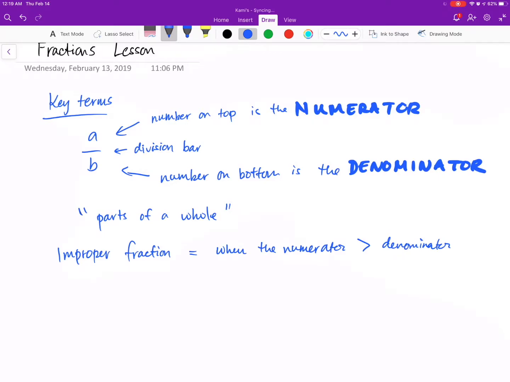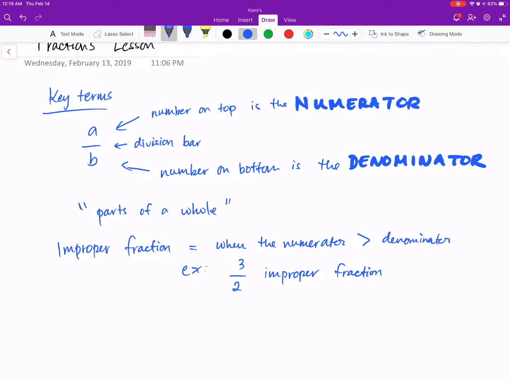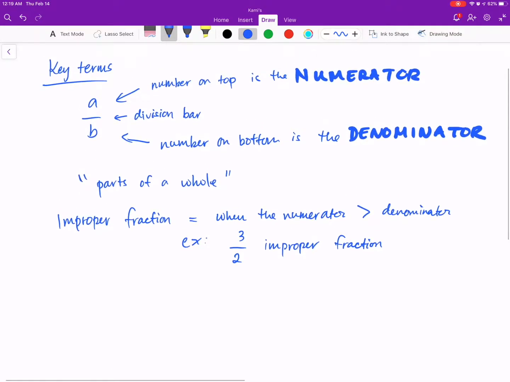So if you think of just two numbers, let's say the numerator will be 3, then we think of a number less than 3, and that goes in the denominator. So that's 2, so 3 over 2, improper fraction. Okay, that's pretty much the basic knowledge you need to know.